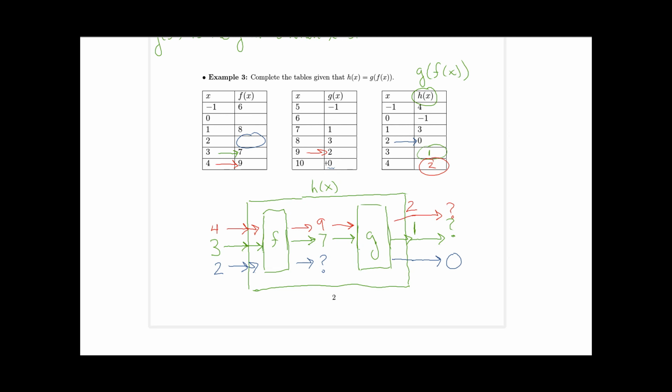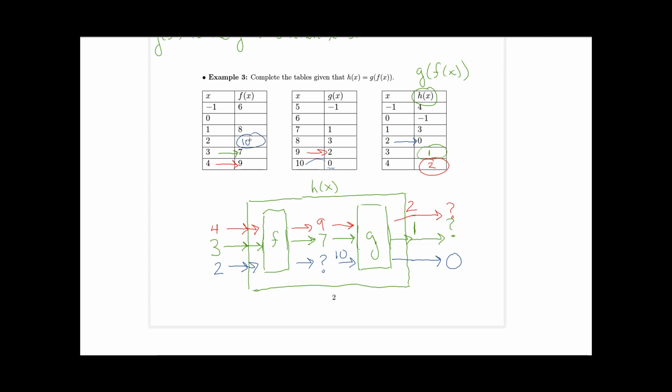Well, it must have come from 10. And so we know that 10 is what must have been sent into G. So what that means is, based on this diagram, it has to be the case that if 2 goes into F, it comes out as 10. So I can confidently put a 10 right here.